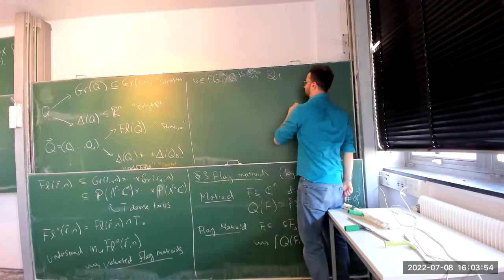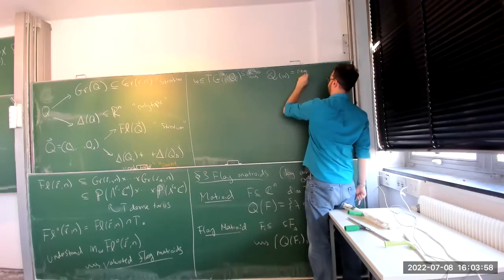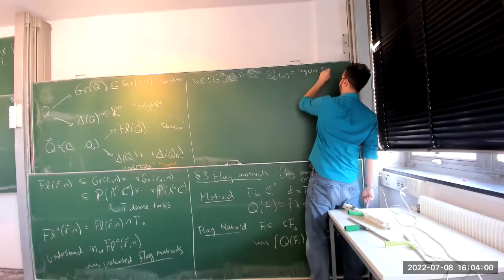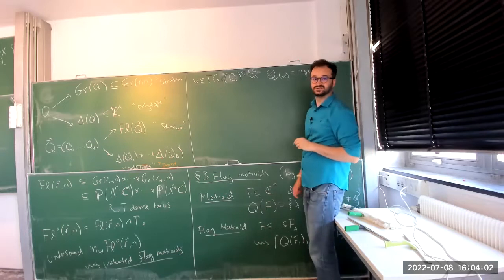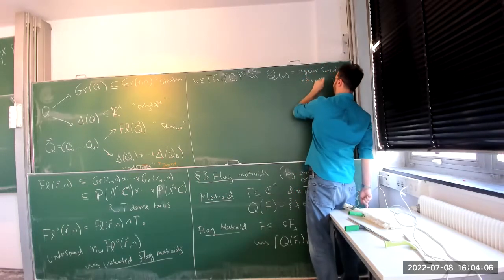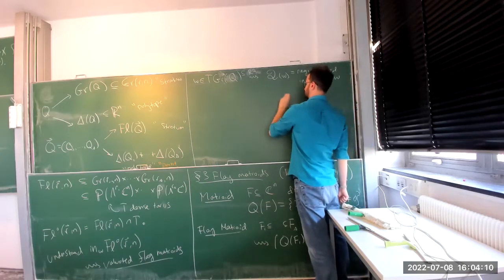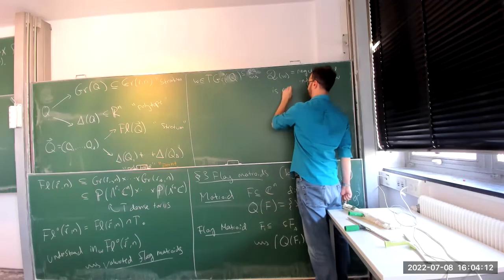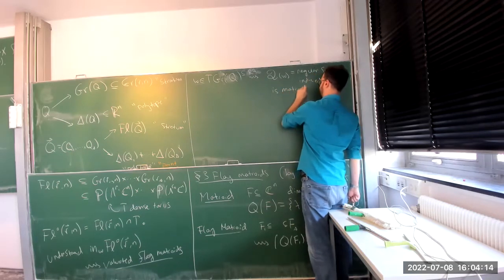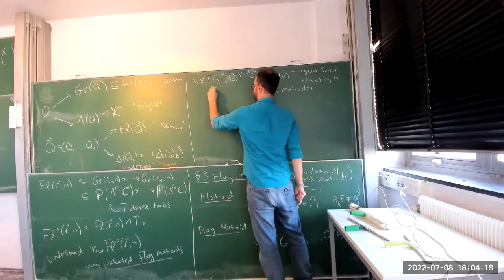Right, so I'm going to write curly Q for the subdivision, the regular subdivision induced by W. And the key fact is that this is matroidal. Right, and so this is due to Speyer.